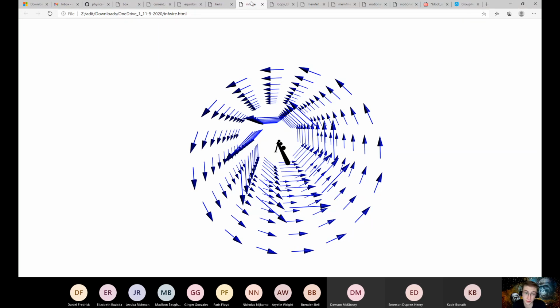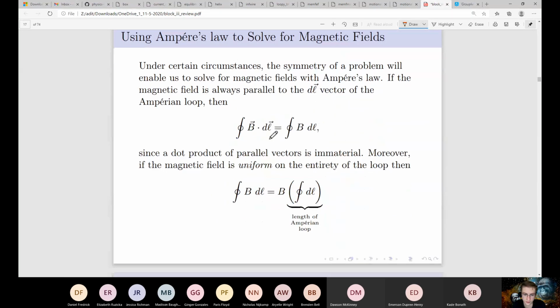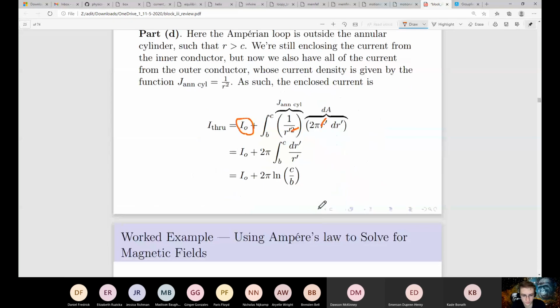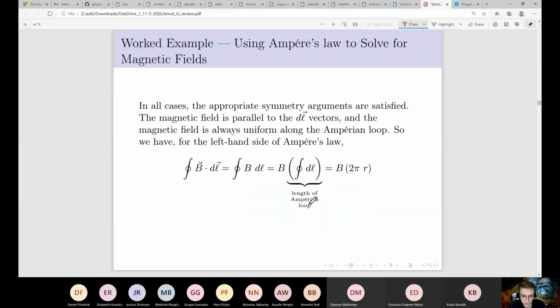So the dot product between them goes away. And my B is uniform along my Amperian loop, so B can come out of the integral and I'm left with the length of the Amperian loop. All right. So that takes care of the left-hand side for all 4 of my situations. I have B times the length of the Amperian loop, which is a circle, so that's just 2 pi r.